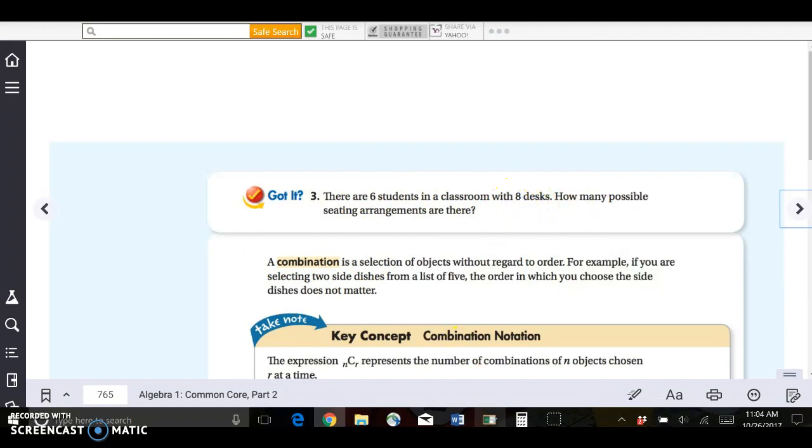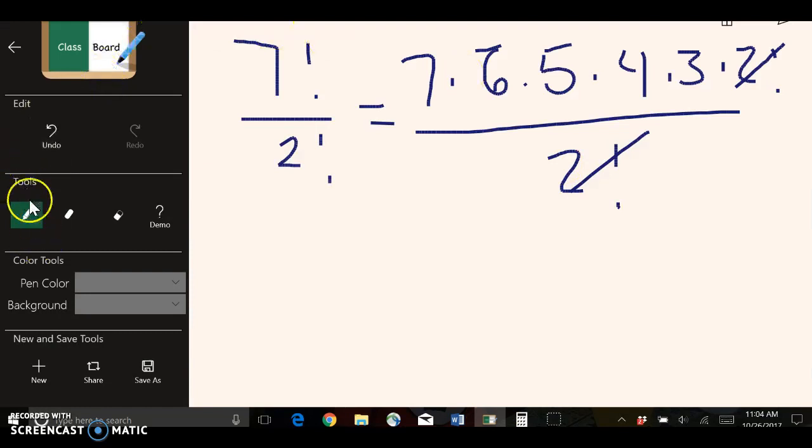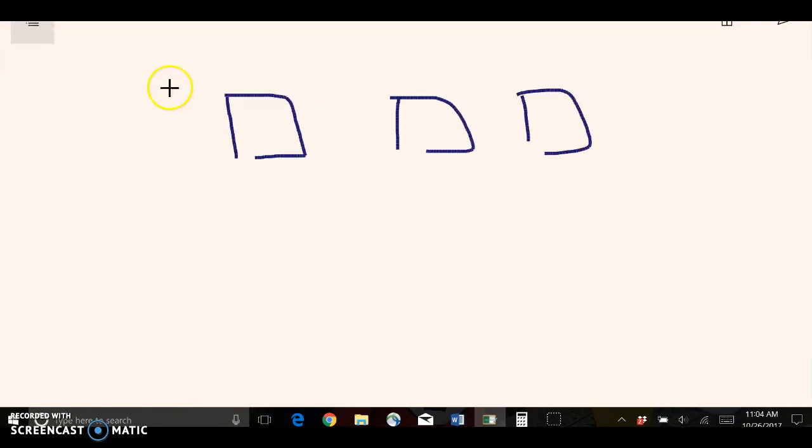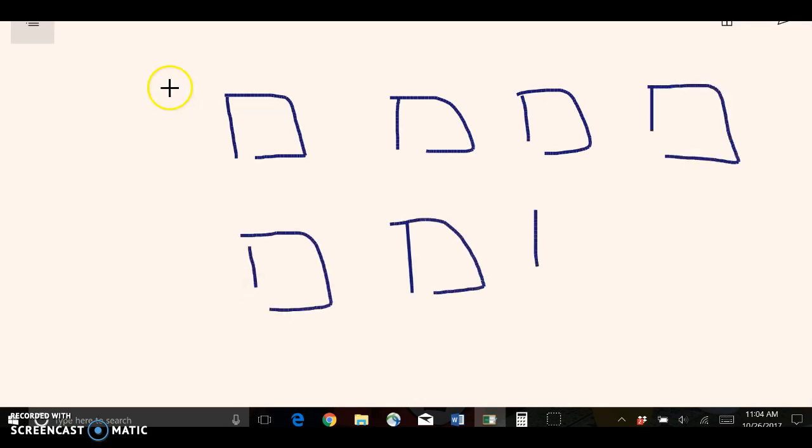So let's think about this. Let me pull up my board. Let me do new. And so there are 8 desks, right? So there's 1 desk, 2 desks, 3 desks, 4 desks, 5, 6, 7, 8. And I got 6 little students over here.